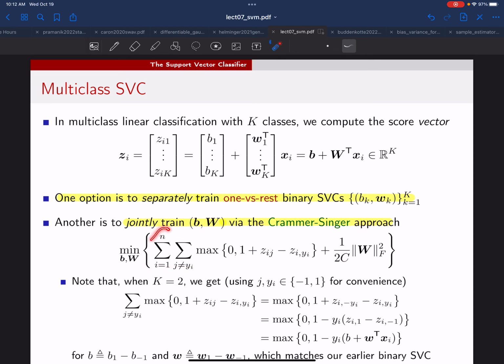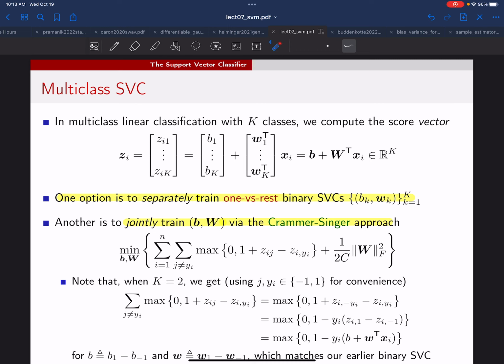Here we have the sum over our training samples, but then we have another sum over all the class label indices that are not equal to the ith training label. And over here we have an extension of the 2 norm of the W vector to the Frobenius norm of the W matrix. We saw something similar in ridge regression, so that part's not surprising.